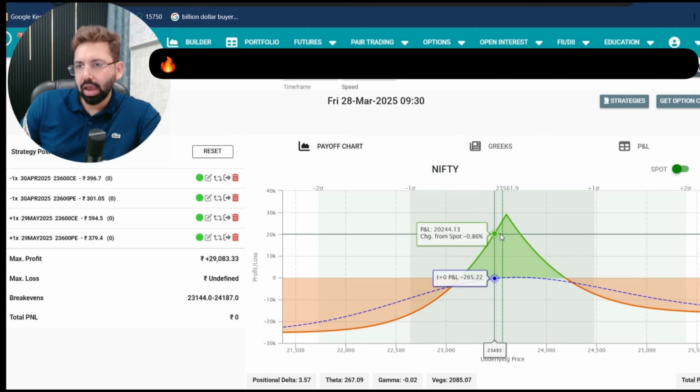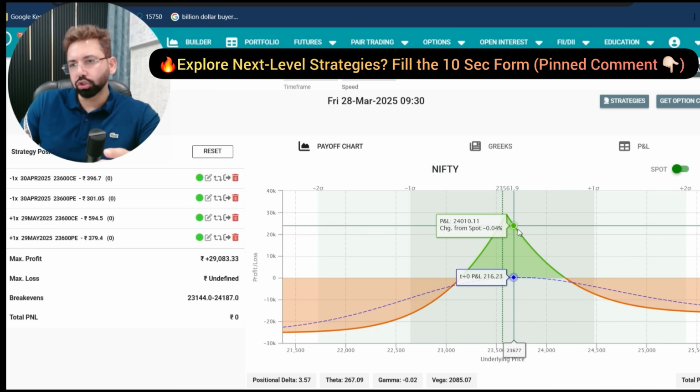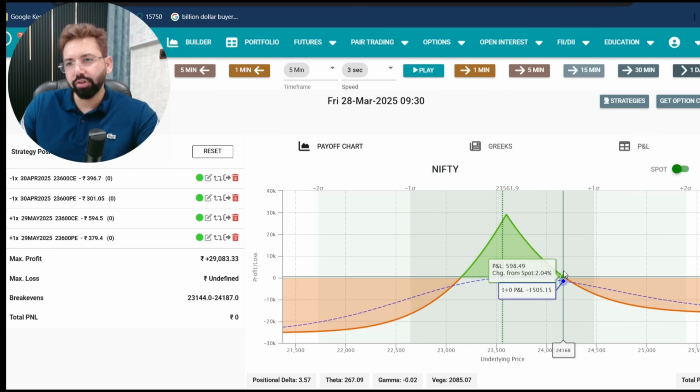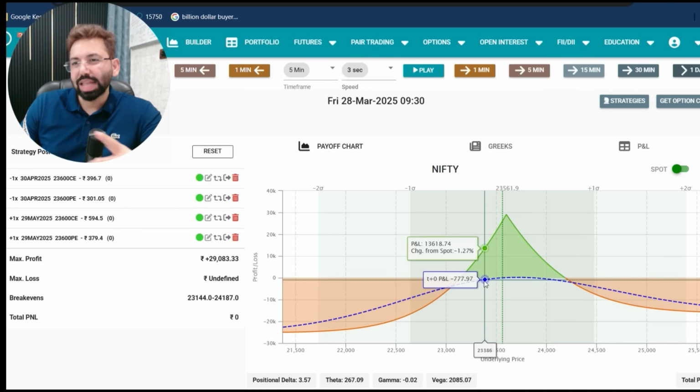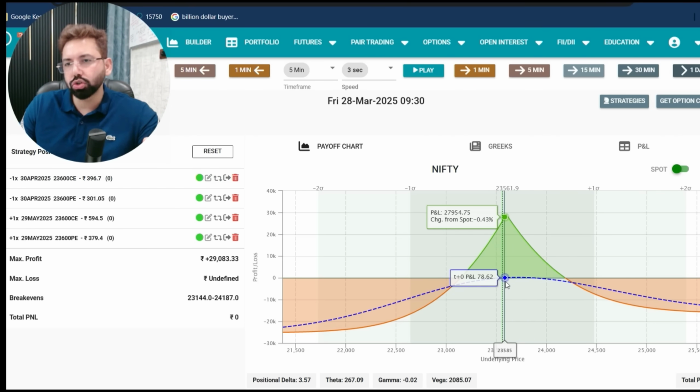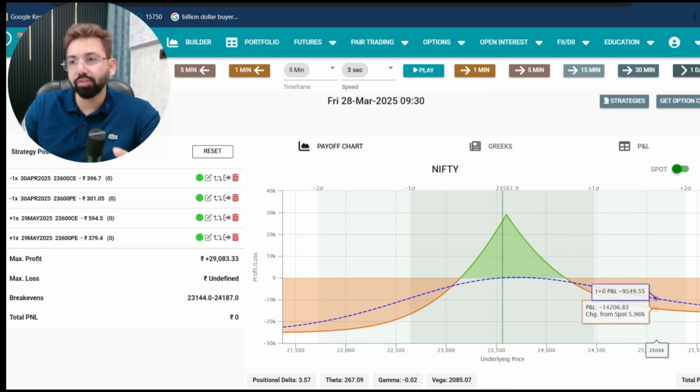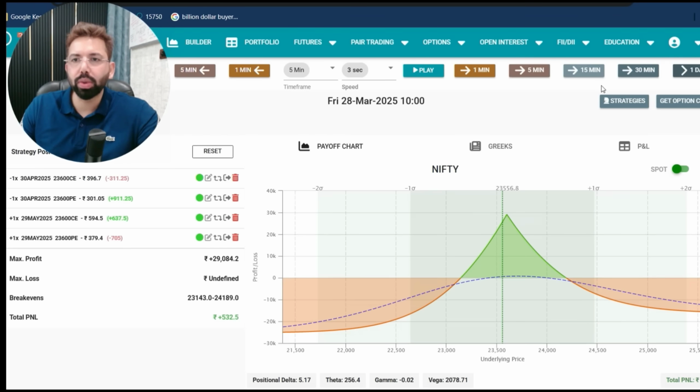And like I say, let's not give a lot of importance to how it looks on a payoff. Retail watches payoff. Professional watches the adjustment points: what to do if things go wrong, what to do if things go right. Now let's see on a simulator, we are doing it intraday itself, 9:30.